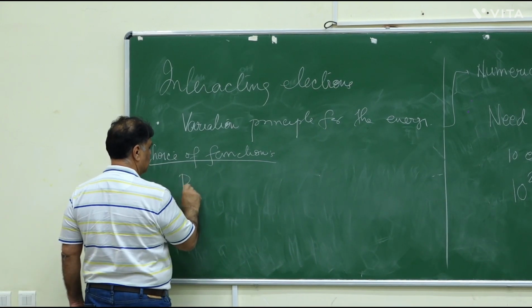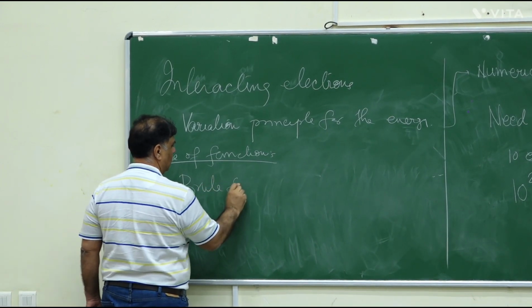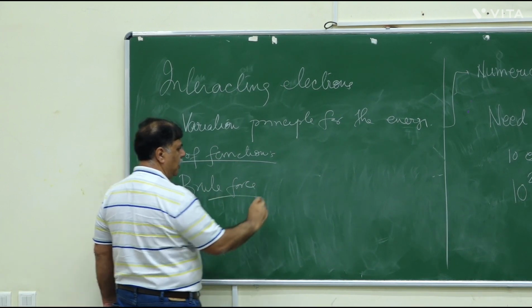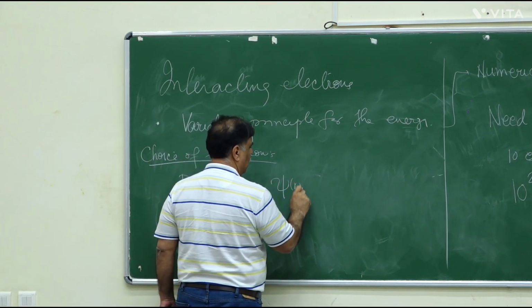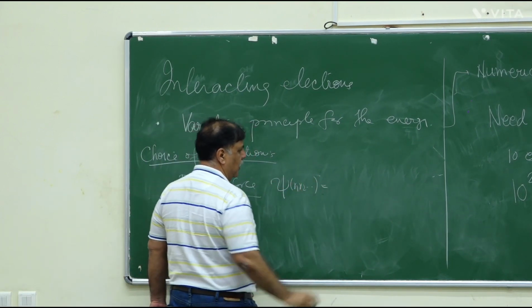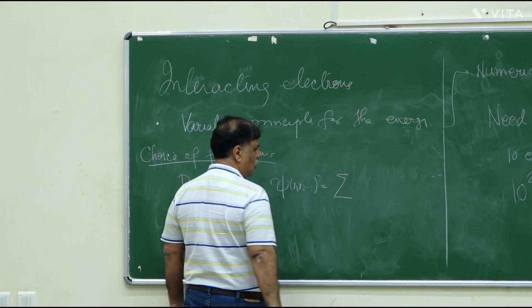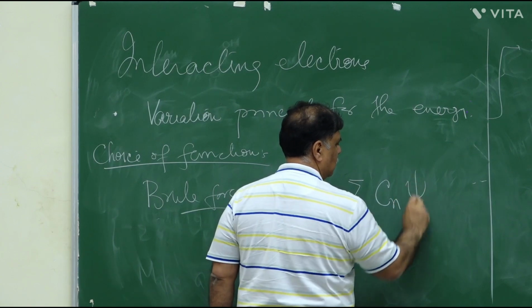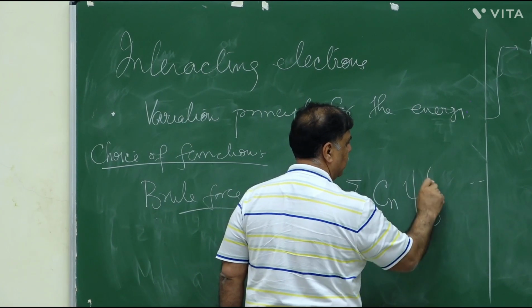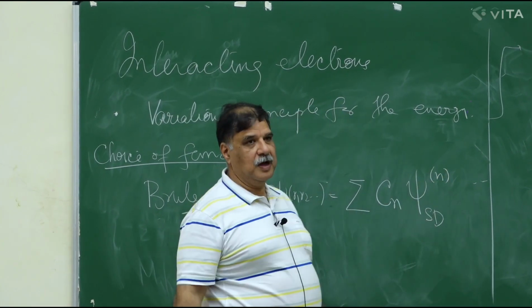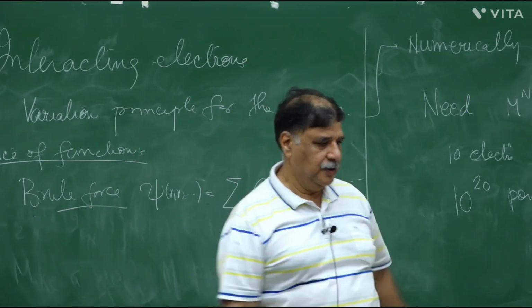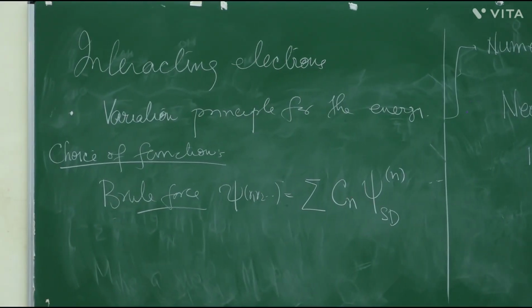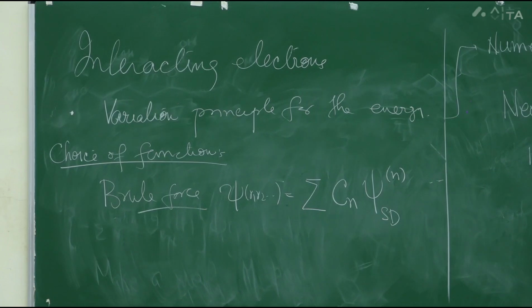One is brute force. I'll write psi of r1, r2, and so on as a summation of some coefficient Cn times Slater determinant psi n. So I have a set of orbitals, right? And I make this Slater determinant expansion.